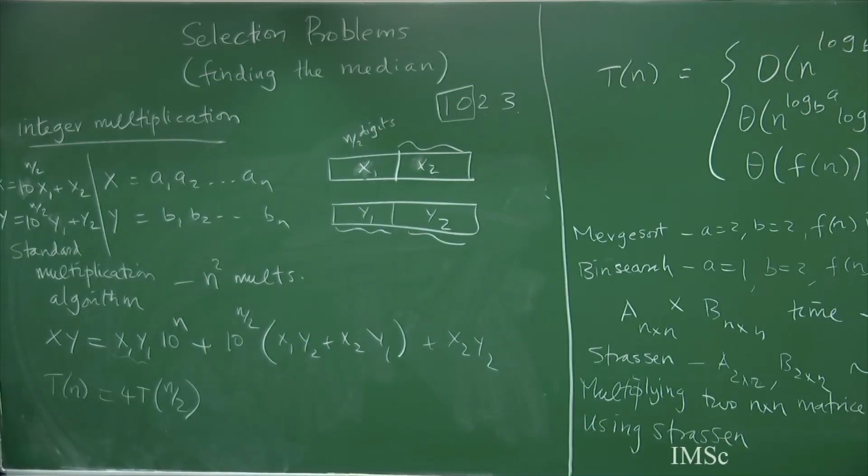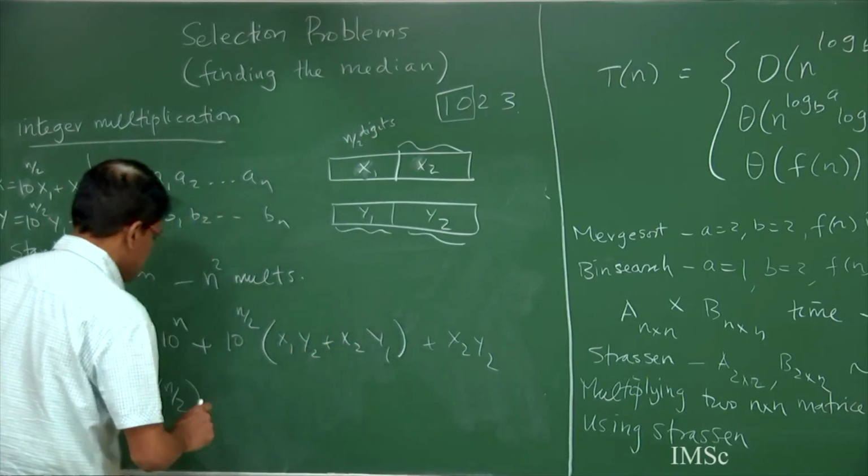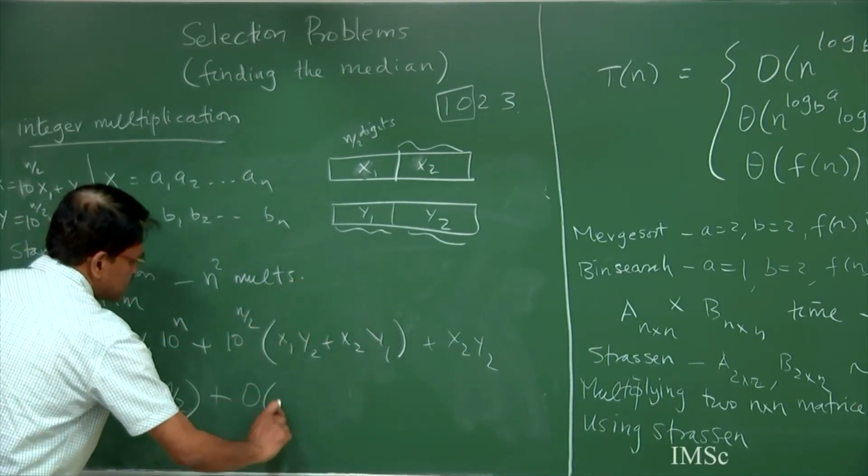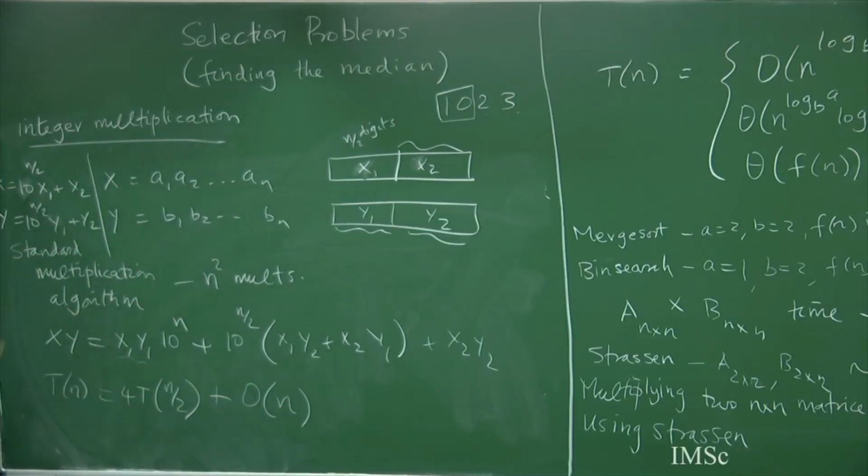You will get some multiple of n by 2 plus 1 digit numbers, because when you multiply two n by 2 digit numbers you might get n digit numbers for all you care, but finally you are just going to add these things. So, this addition I am going to say takes some order n time to do your additions. And that is my whole recurrence. So, what is the solution to this?